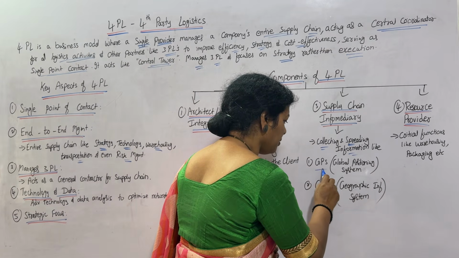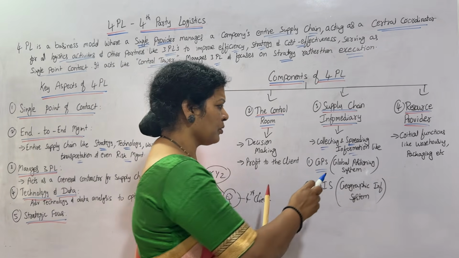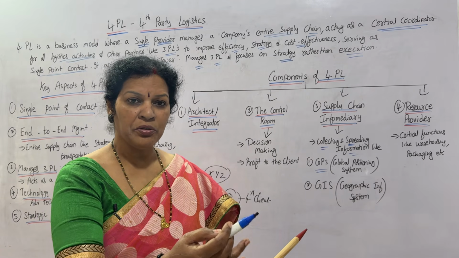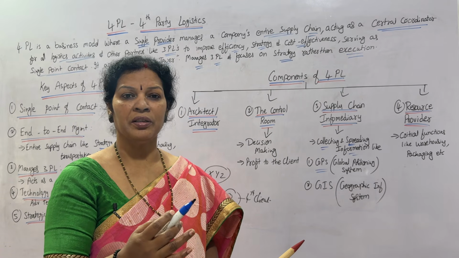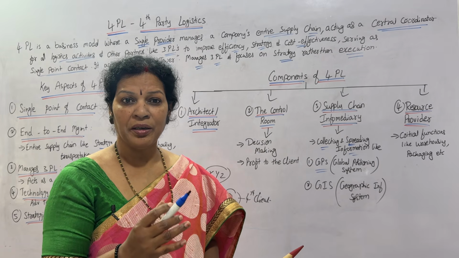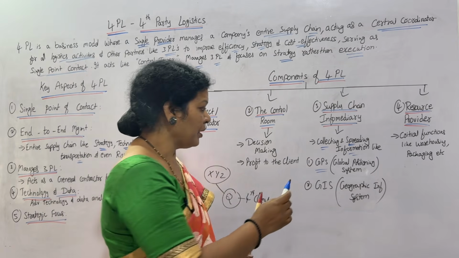One is GPS. You might have knowledge of the Global Positioning System. It gives you all the routes and information like weather reporting, area wise, and paths, ways. So that is GPS.